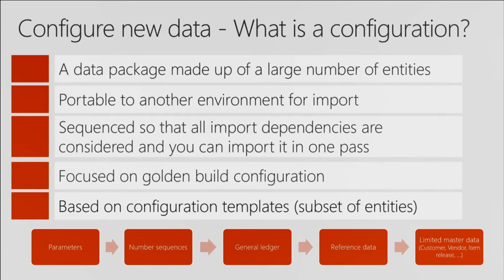Configurations are focused on a golden build concept, which is the golden database you start with before you start entering more migrated data into your system. And as I mentioned, they're based on configuration templates. Parameters, number sequences, general ledgers, reference data, and others are typical configurations that we ship out of the box.